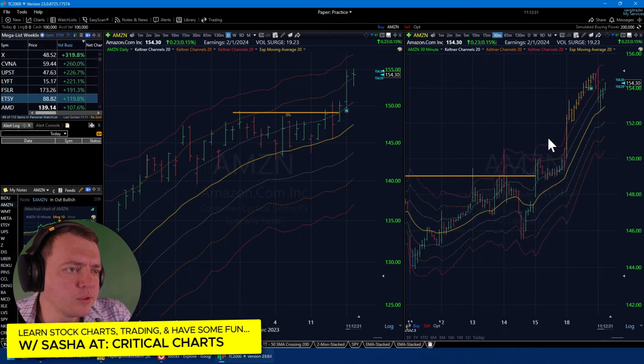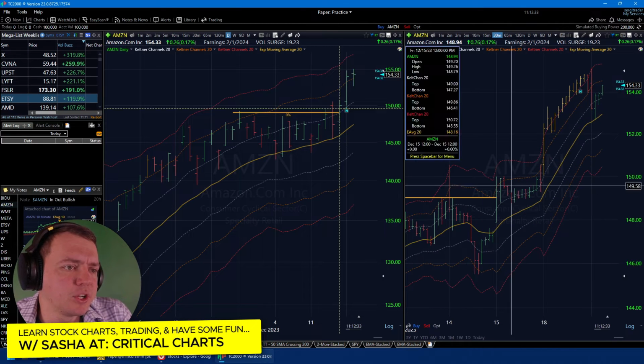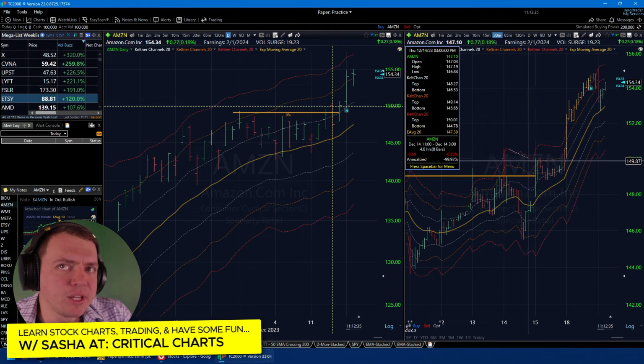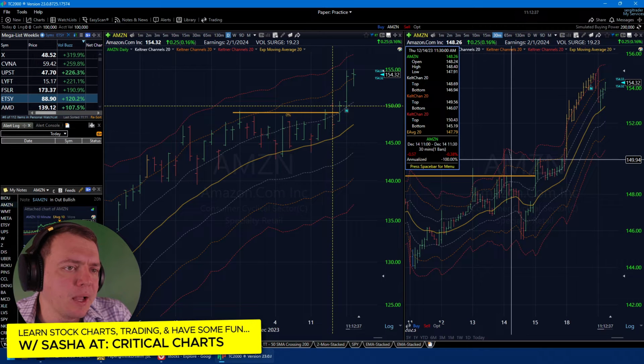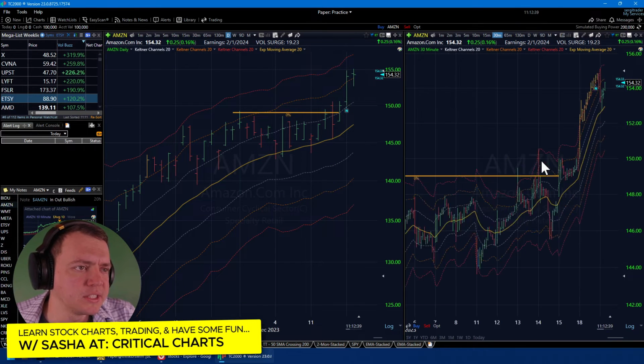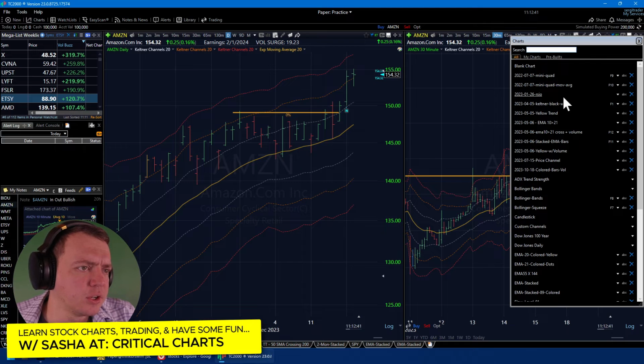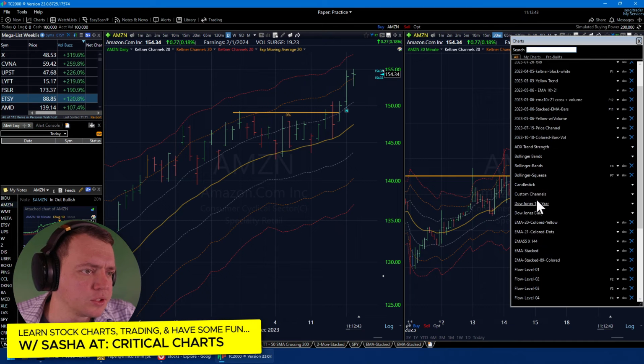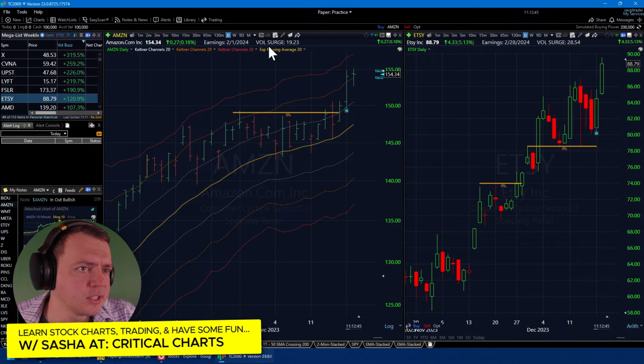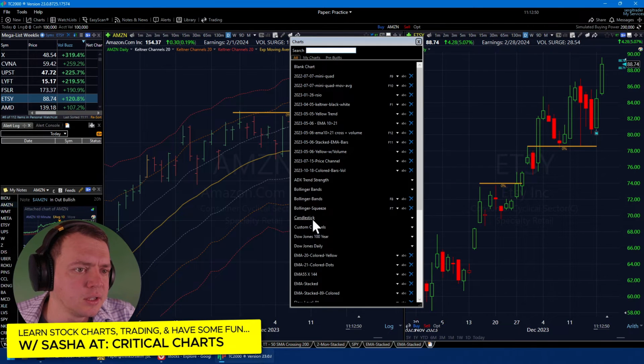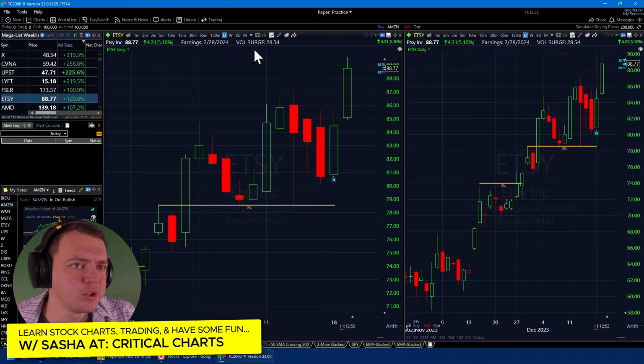And you might want to set up the charts to where you can see where your mouse is, so that way you can see it on both ends, where, let's say, the support and the resistance are. And of course, if you don't like those kinds of things, let's just switch it to a candlestick, and we'll switch this also to a candlestick, just to give you a general perspective.